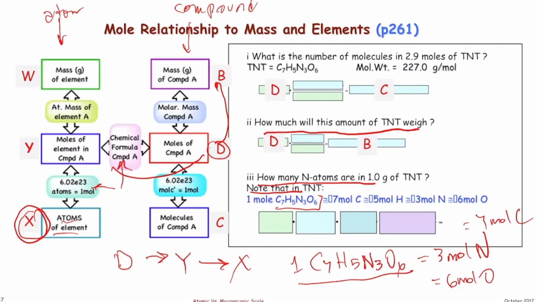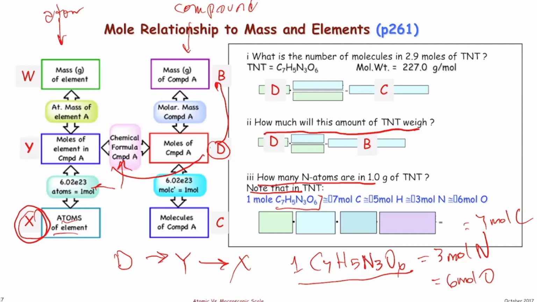That's because if I have 10 C7H5N3O6, then I have 7 times 10 carbon and 3 times 10 nitrogen. If I have 1 mole of C7H5N3O6, TNT, then I have 3 moles of nitrogen.